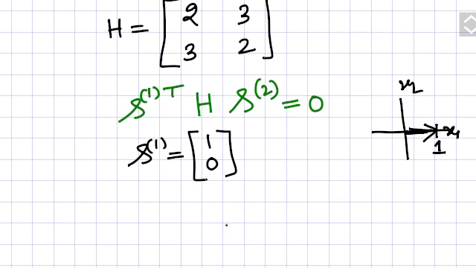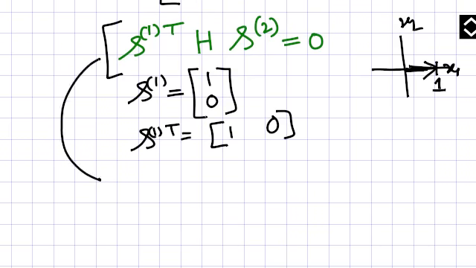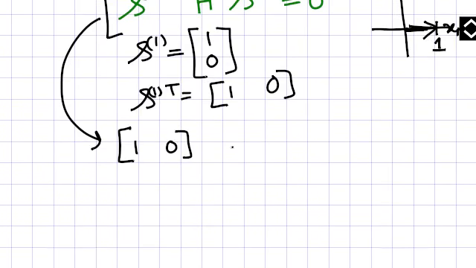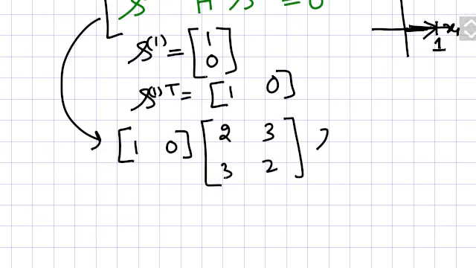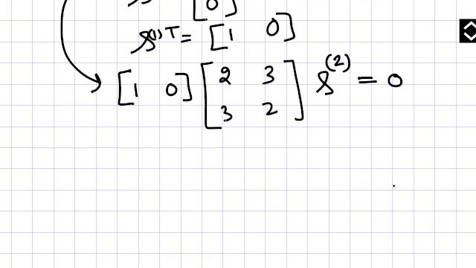Then according to this formula, you have to find its transpose, so it will be 1, 0. In a matrix you do not write a comma. Now put all these things in the formula. What you will get is 1, 0, then the Hessian matrix 2, 3, 3, 2, and here comes the conjugate direction. This is the conjugate direction in which we are interested, and it will give you a very efficient direction to go toward the minimum value of the function.